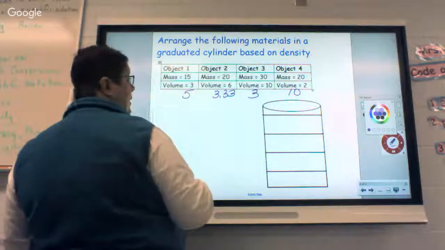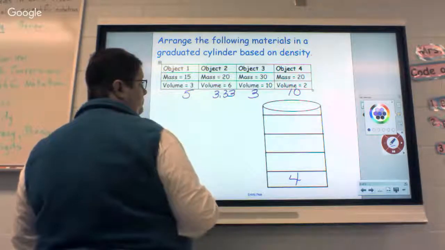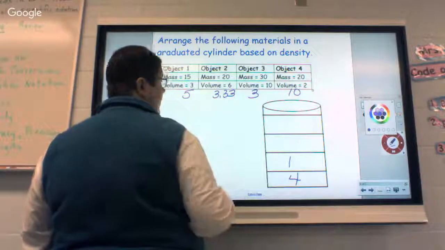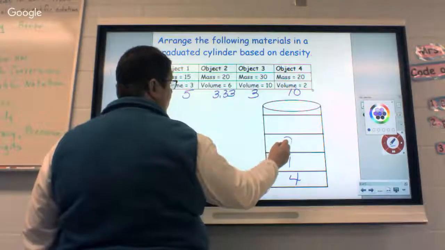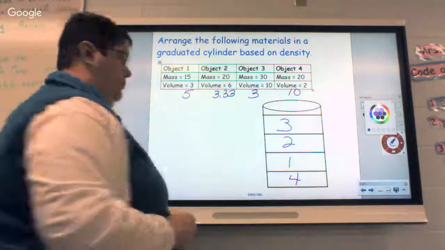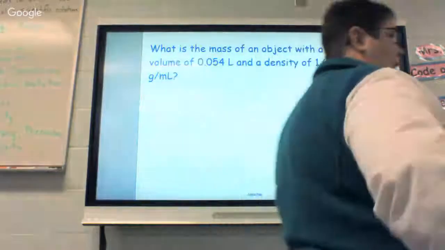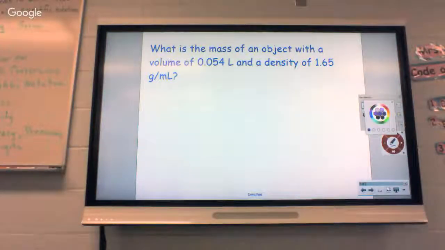Who's going to the bottom? Object 4 is going to the bottom. Okay, so everybody's good with that concept. All right, last one. And I would write this one down, because you're going to see stuff like this on the test.